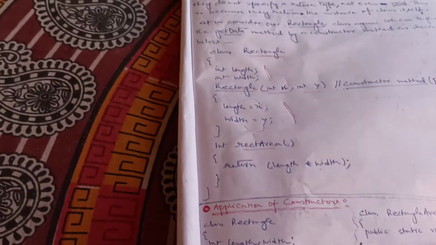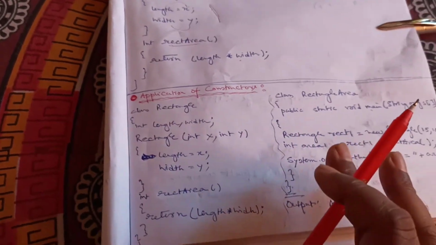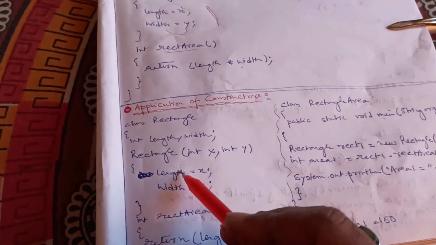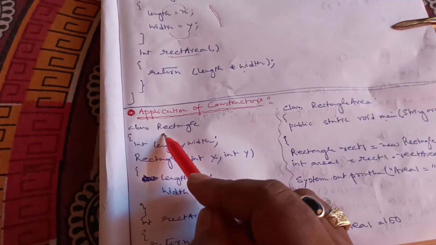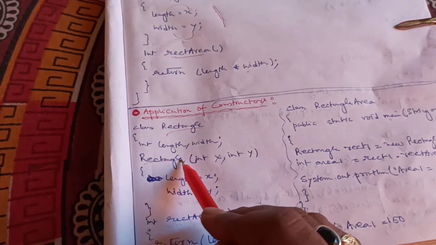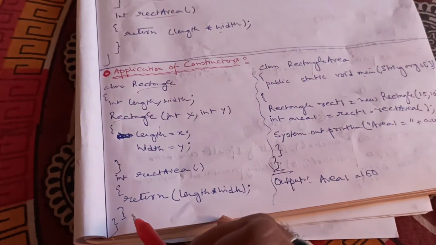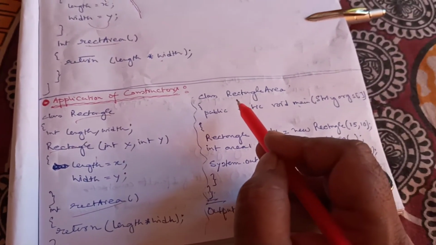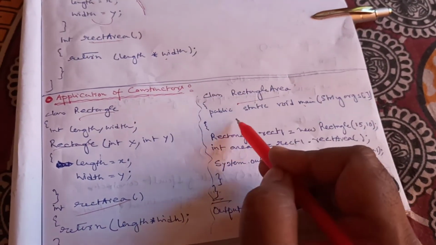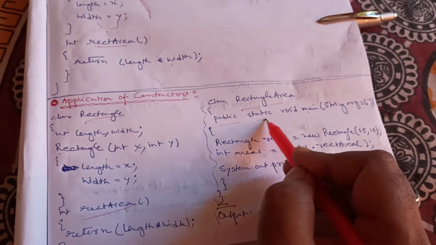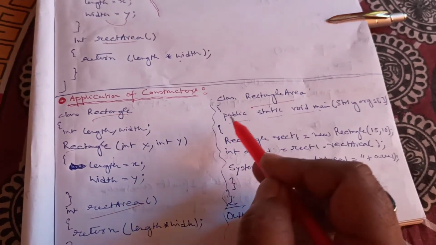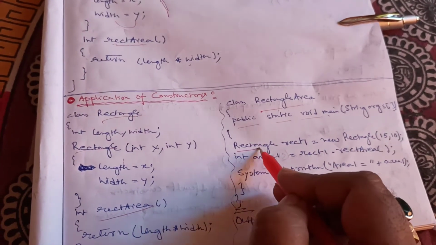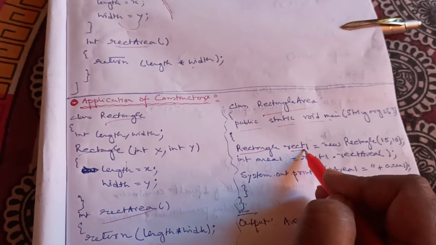Now this is the example. Now we are going to the application of the constructor. In the previous problem, we defined the class Rectangle. This is the constructor, and this is the method rectArea. Now here is the class for declaring the main method, public static void main. First we are creating an object.